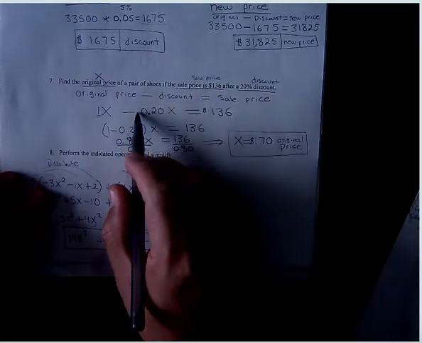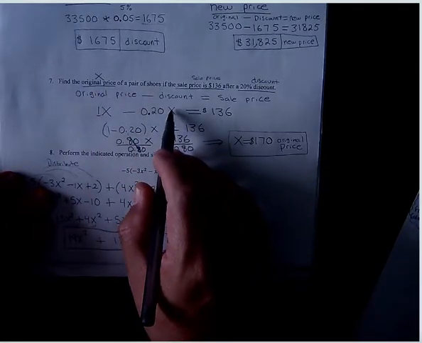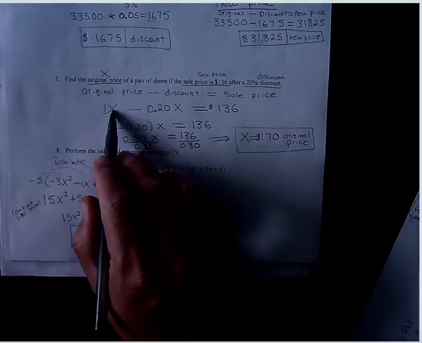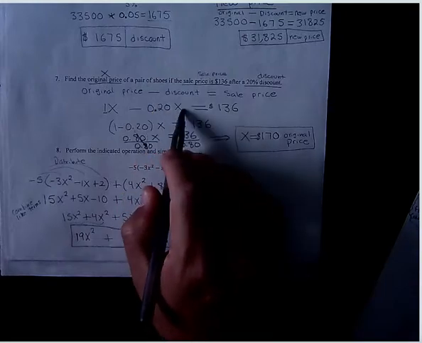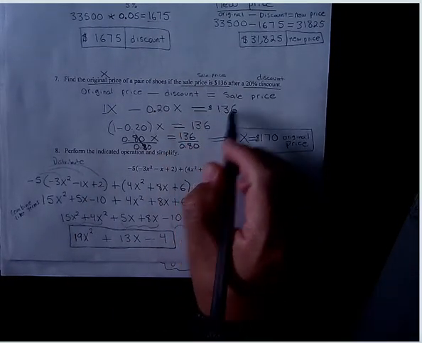But since we don't have the original price, all we can do is write it algebraically with the X. So again, that's the original price minus the discount, which is 20% of the X, of the original, would give us the sale price. So this is the sale price.